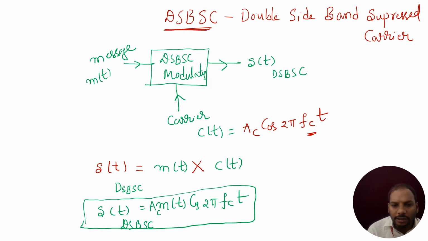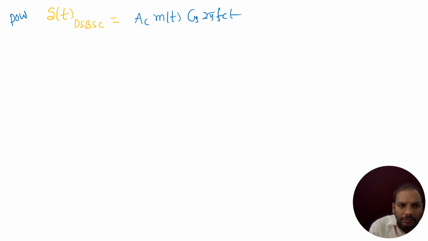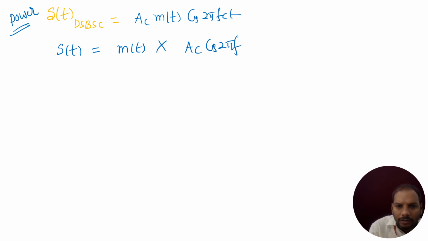Now next we'll go ahead in developing the power calculation and the bandwidth calculation of this DSBSC. Before going for the power calculation, I would like to write the equation of S of t, DSBSC, which is equal to Ac M of t cos 2 pi fc t. Now I'm going for power calculation. S of t you can write as M of t multiplied with Ac cos 2 pi fc t.